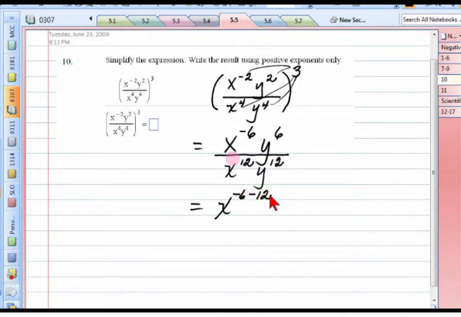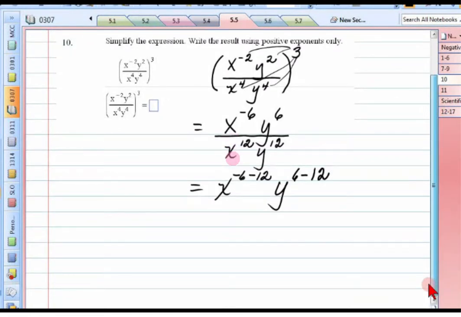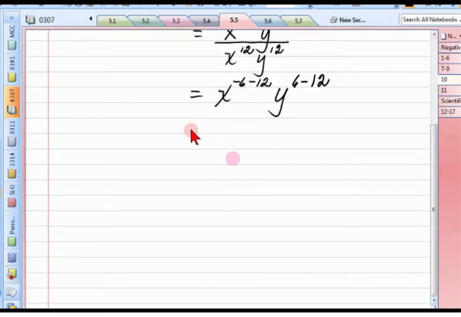So for the x's, it was x to the negative 6 minus 12, y to the 6 minus 12. Always the top exponent minus the bottom exponent. So what does that give me? X to the negative 18, y to the negative 6.